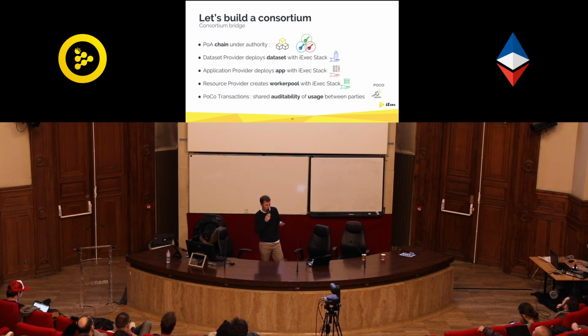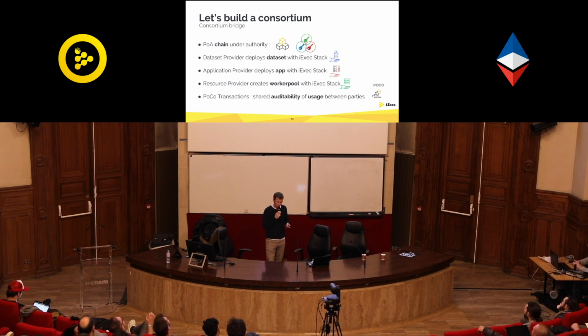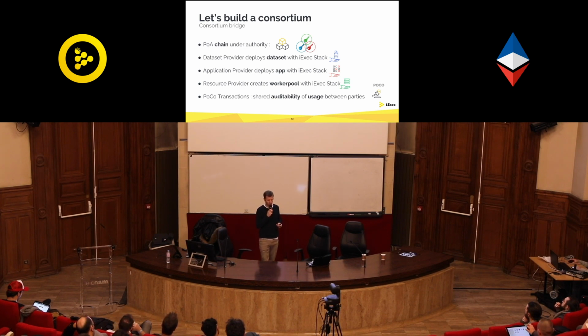That means that at the end of the month, they can see what usage they have to pay each other. So this is the first level, building this PoA without a bridge.